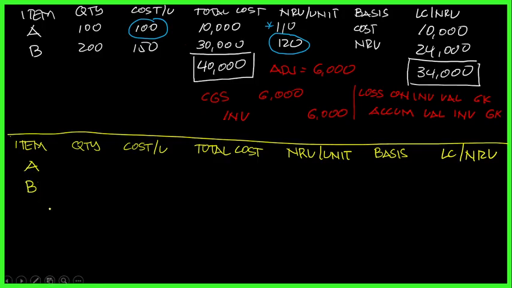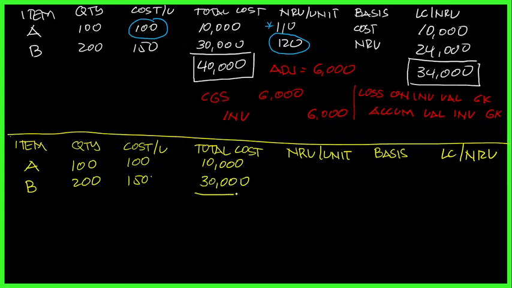Tapos ang quantity natin ay, we have 100, this one is 200, and the cost of this is 100, this one is 150. Tapos our total cost now is 10,000, this one is 30,000, for a total of 40,000.